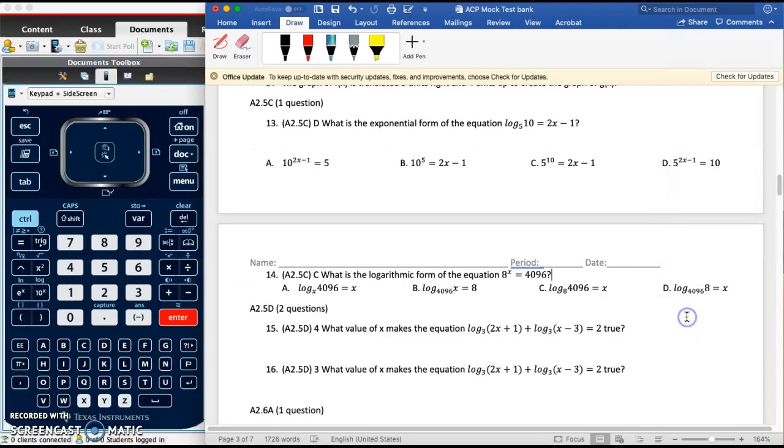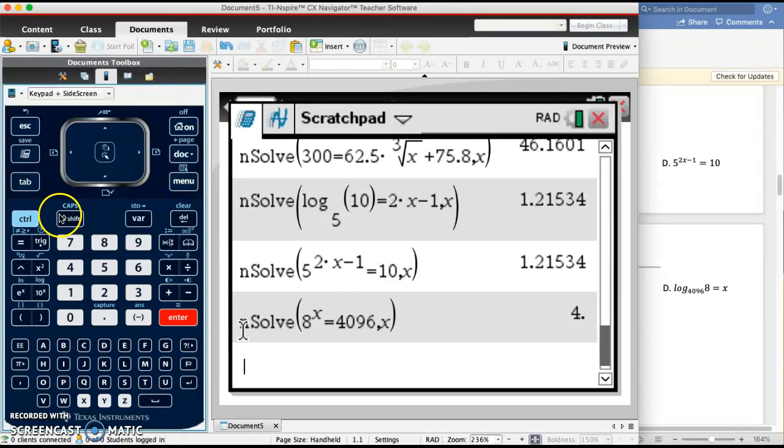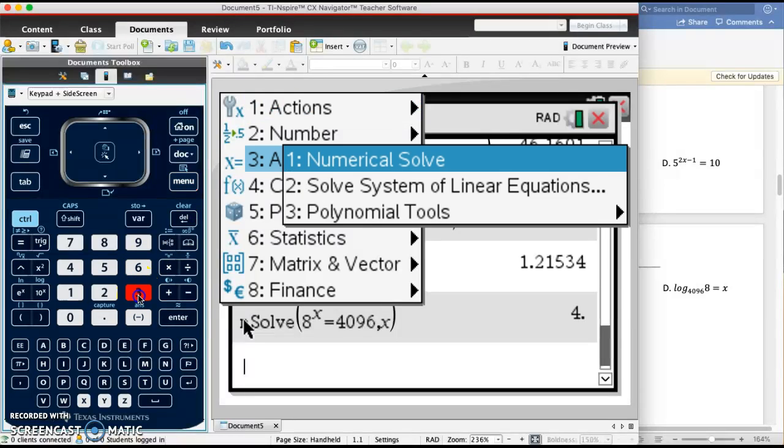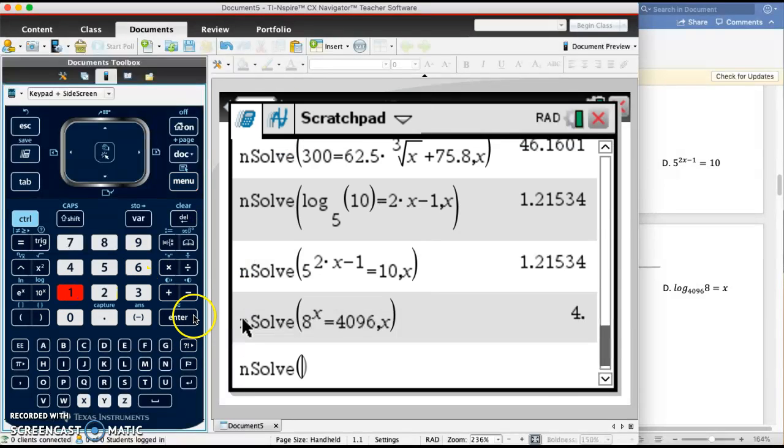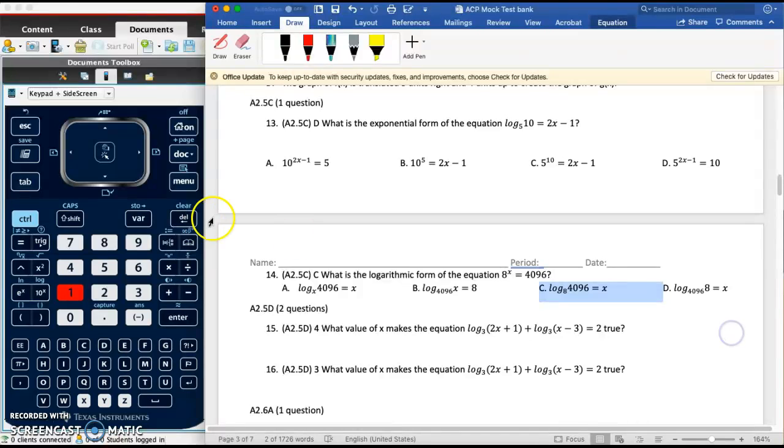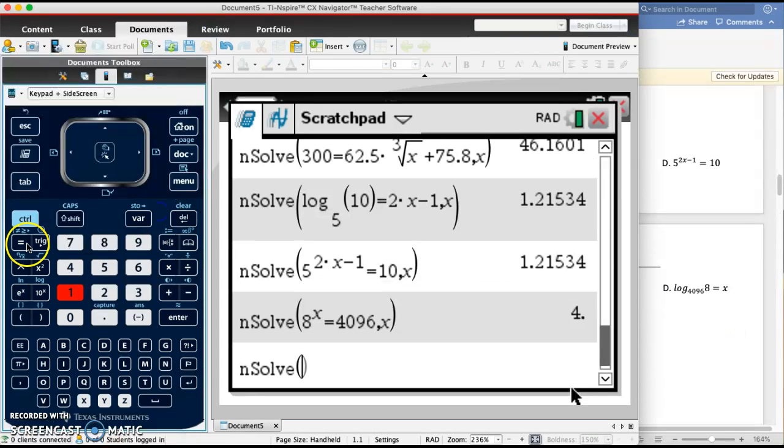So I'm now looking for another answer that has 4. I know C is the answer because I have the answers, but if you plug in C, it should get the same exact answer. So I go menu 3, 1, and I go log to the base 8 of 4,096.